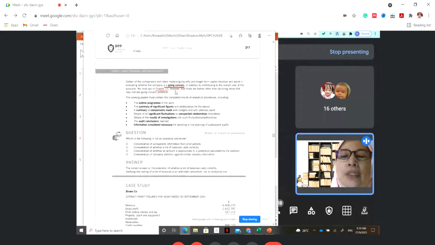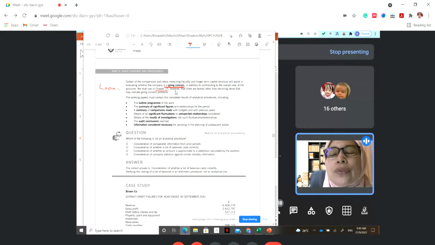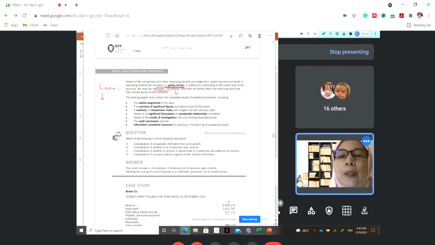They heavily rely on loans, so the ability to pay the loan may be reduced. What will happen on the going concern? We will look at chapter 15 in detail. So that is a sign of the activity of the company also.